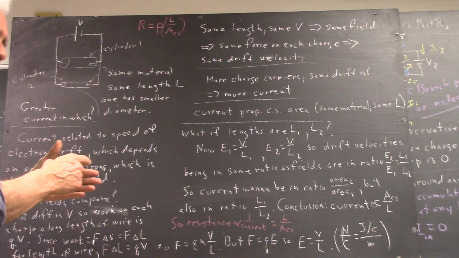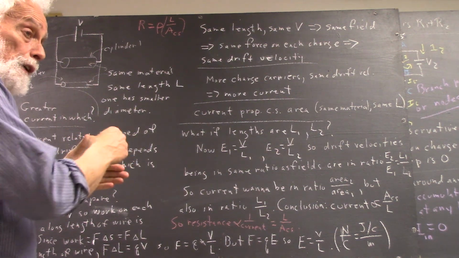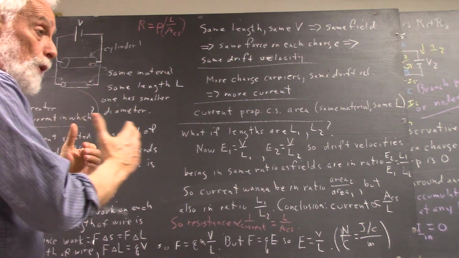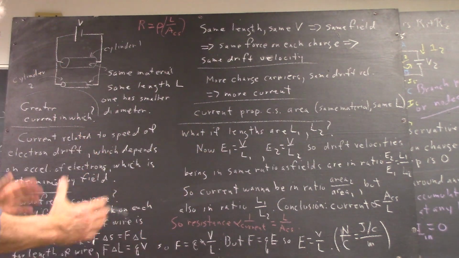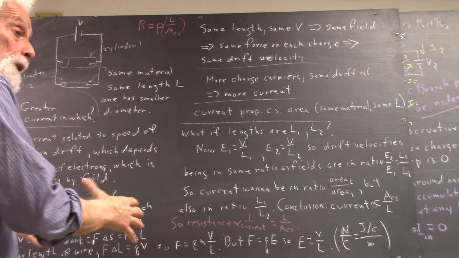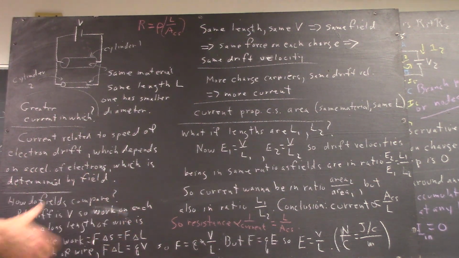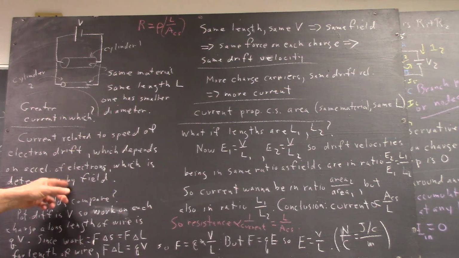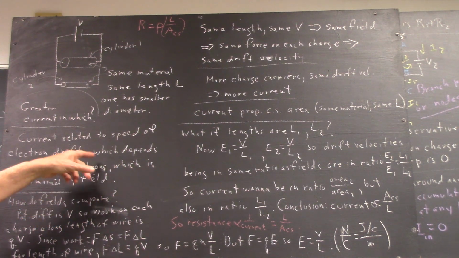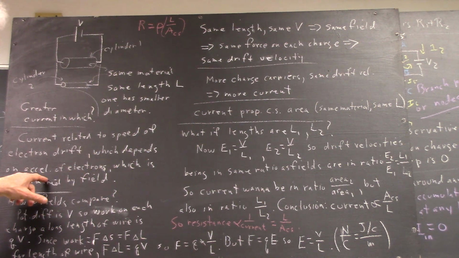So even though they might experience a lot of acceleration individually, they keep bouncing back and forth and don't make a lot of progress. The progress that they do make is the speed of the electron drift, the average progress made by an electron.